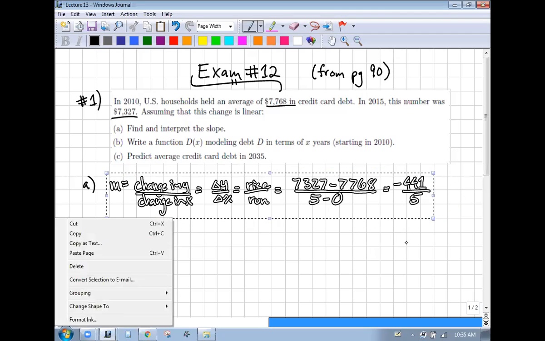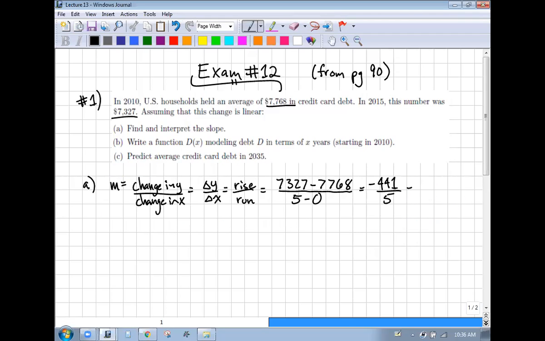So $441 in 5 years is basically $88.2 per year. 2010 is going to be time 0. 2015 is time 5. So the change in the debt has been $441 over the 5 years. So the slope, the rate, if you simply put that in your calculator, you're losing $88.2 in debt every year, assuming that this change is linear.